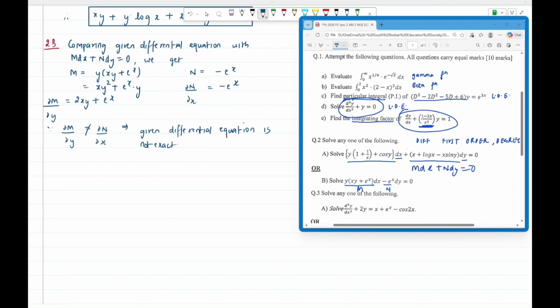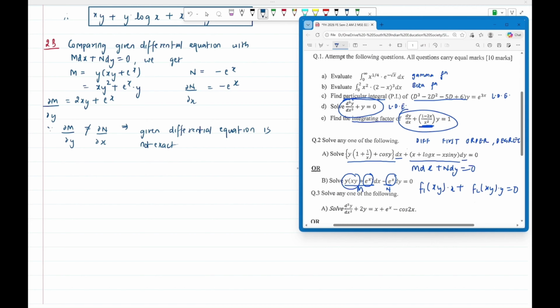Most of the cases you have to start from type 4, wherein your differential equation must look homogeneous, and here we can see that the differential equation is not homogeneous as it has an e raised to x term in it. In the third type, the differential equation must be of the type f1 of xy times x plus f2 of xy times y is equal to 0. So again, this criteria fails. So we are left to make a choice between type 1 and type 2.